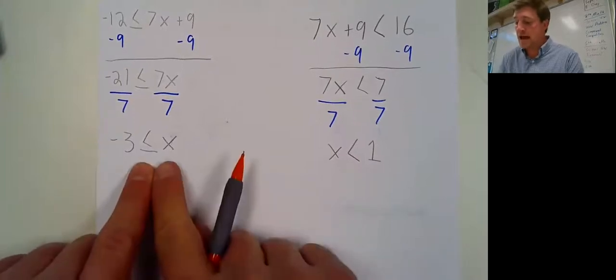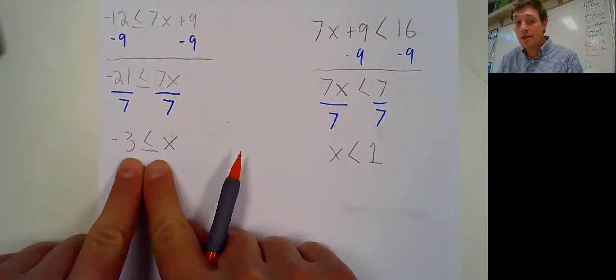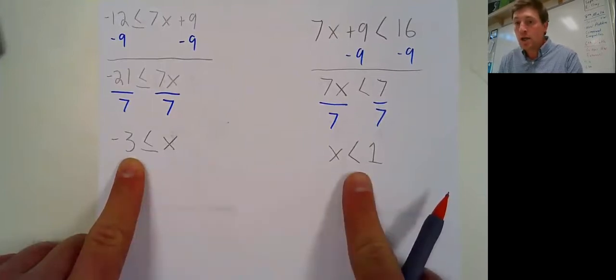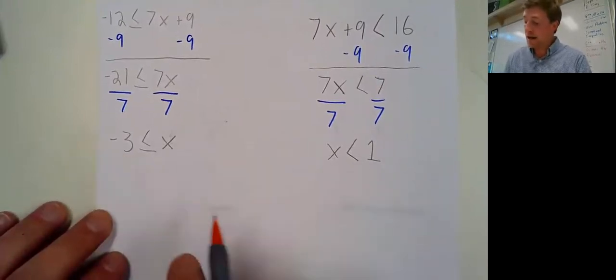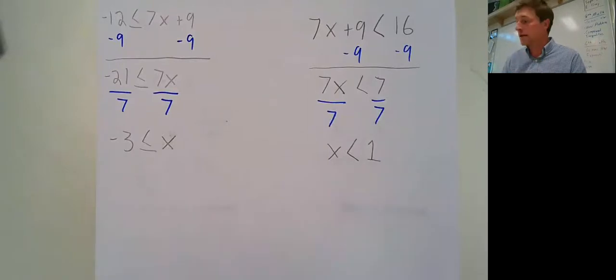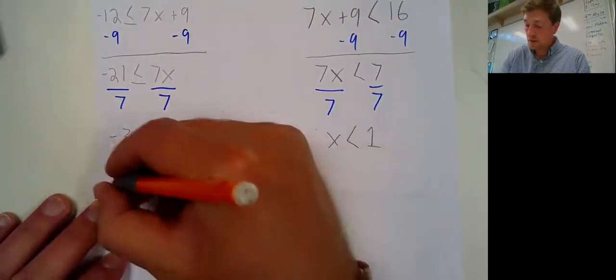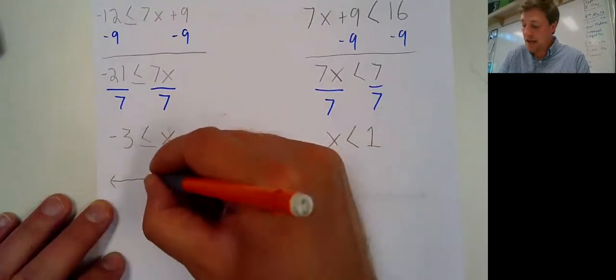So as long as x is greater than -3, but less than 1, the solution is going to work. Let's see what that looks like. I'm going to do them separately, and then we're going to combine them just like what we did. So here's the graph for -3 is less than x.